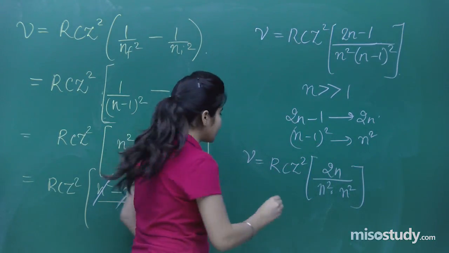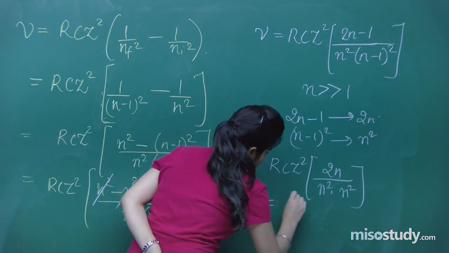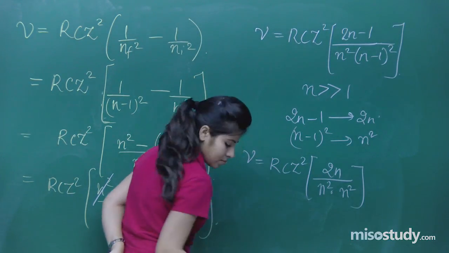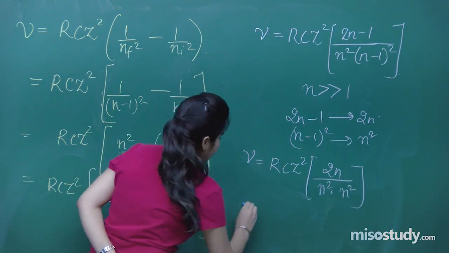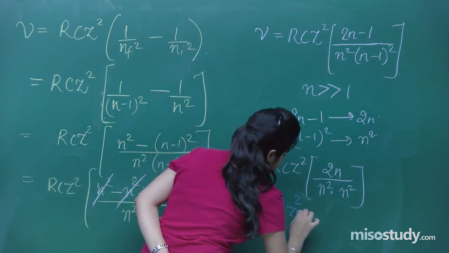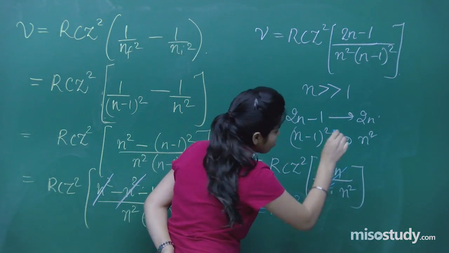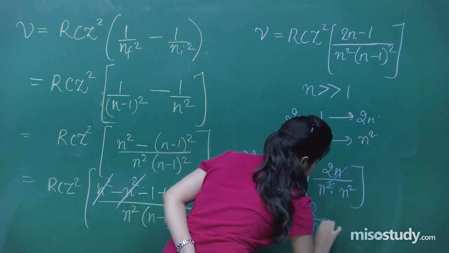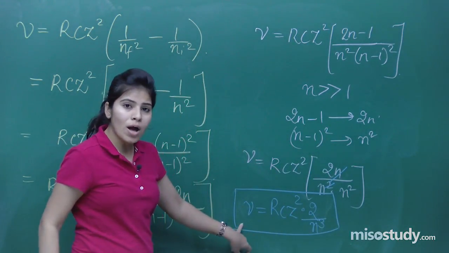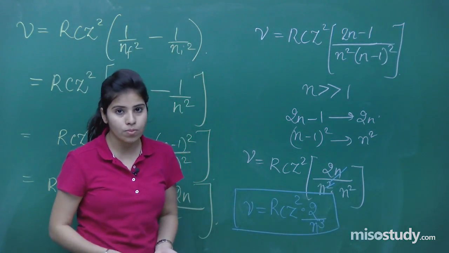If you write it out, you will find that RC(Z) square, this 2 will be taken out and this n will be cancelled out, you will have 2 upon n cube. So that means your nu has come out to be proportional to 1 upon n cube.